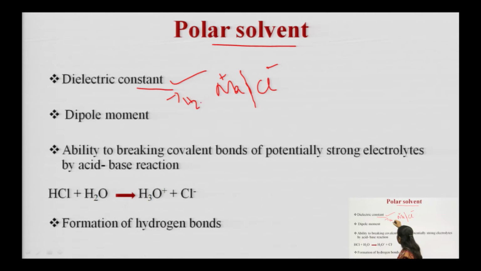Water has a dielectric constant of 80, so it is able to break the electrostatic force of attraction between sodium chloride, whereas benzene, which has a dielectric constant of 2, is not able to break the attraction force in sodium chloride. So, sodium chloride is insoluble in benzene.